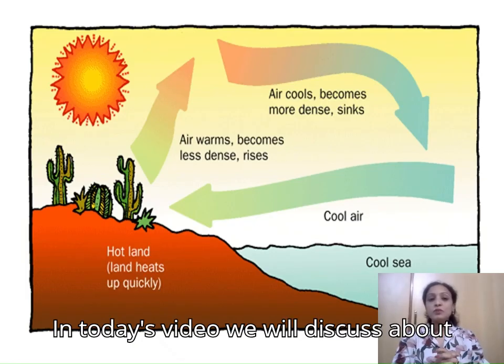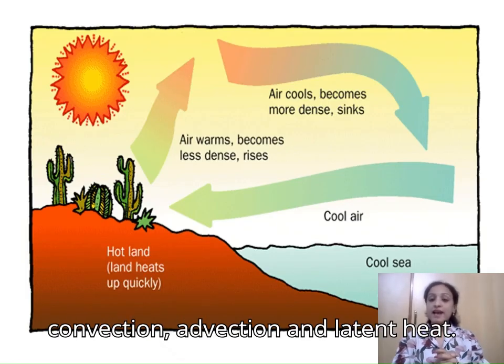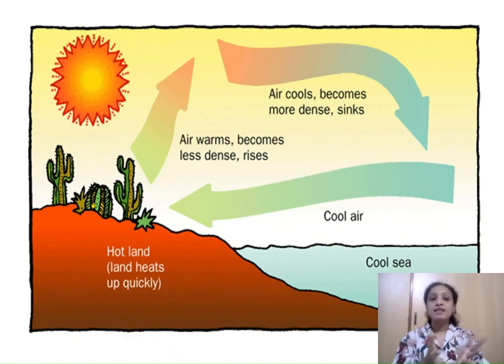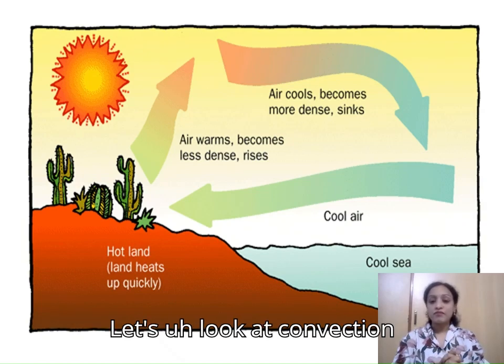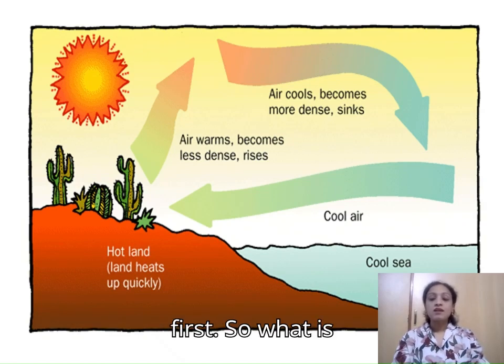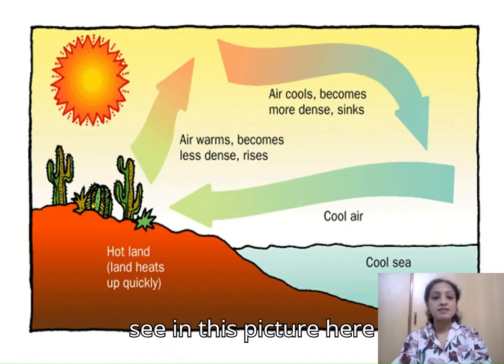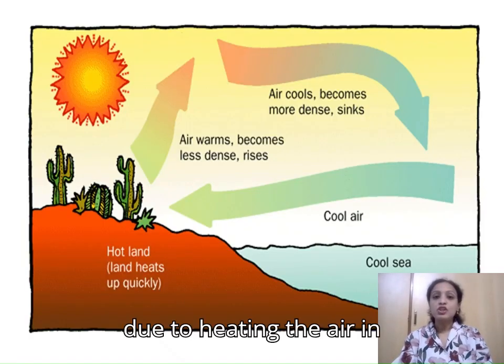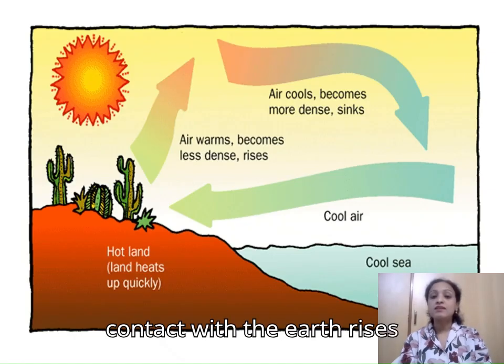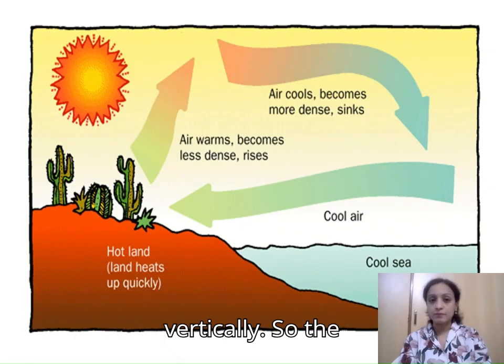In today's video, we will discuss convection, advection, and latent heat. Let's look at convection first. So what is convection? As you see in this picture here, due to heating, the air in contact with the earth rises vertically.